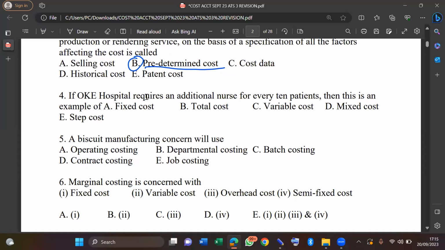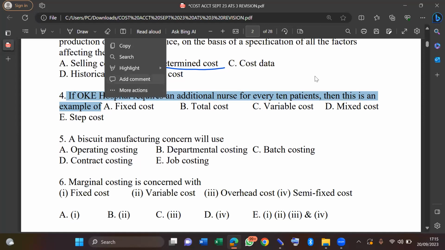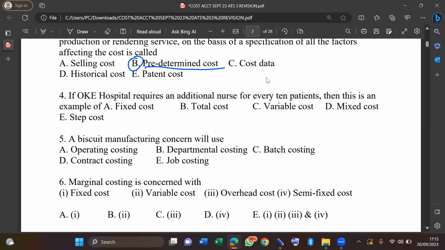Question 4. If a hospital requires an additional nurse for every 10 patients, then this is an example of dash. A, fixed cost; B, total cost; C, variable cost; D, mixed cost; E, step cost. What is the correct answer?